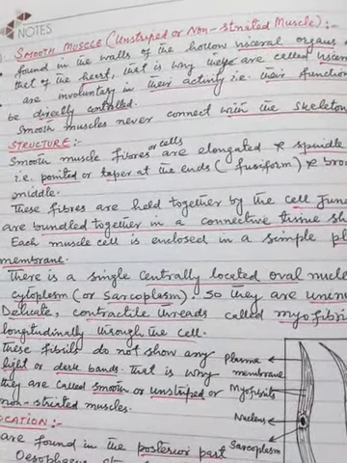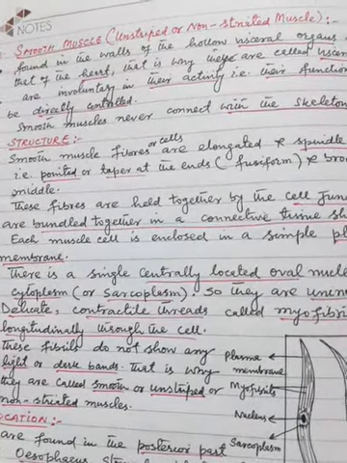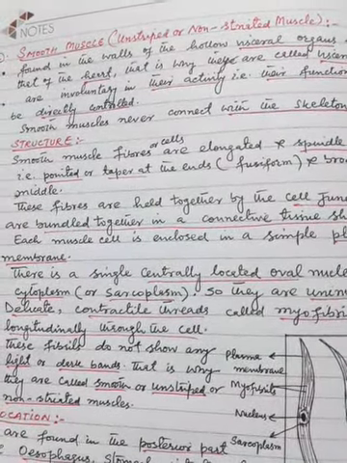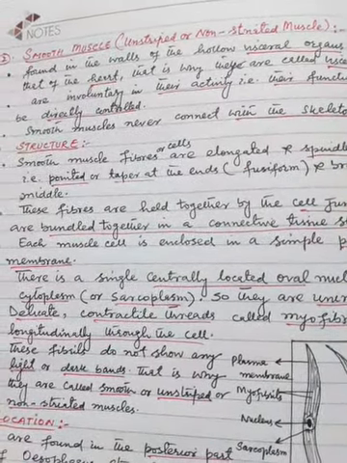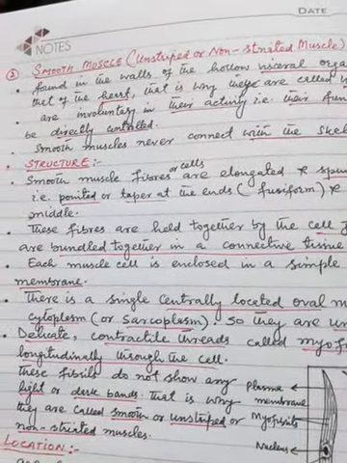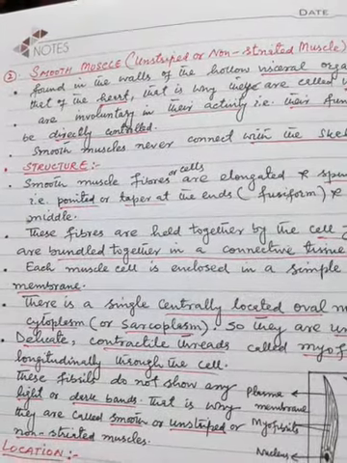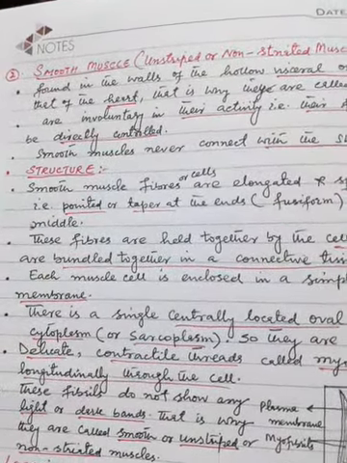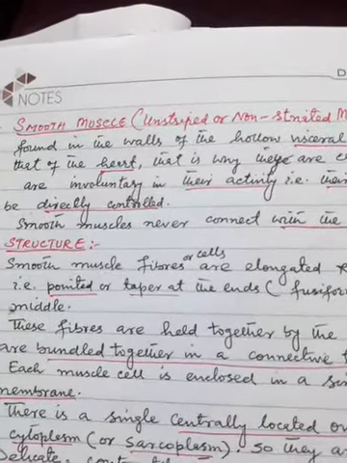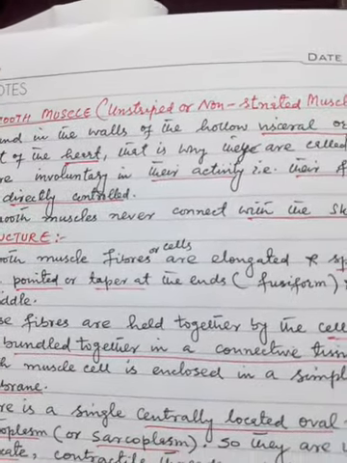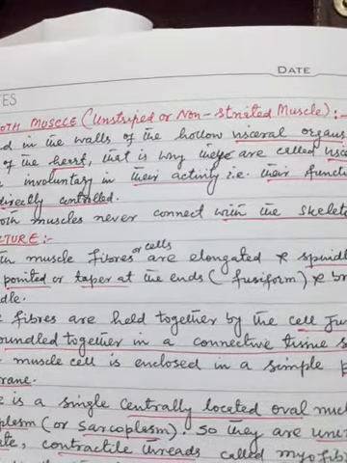Out of these three, we have already completed one type in our yesterday's class, that was the skeletal muscle. Now today we are having another type of muscle, that is smooth muscle, which is also called unstriped or non-striated muscle.